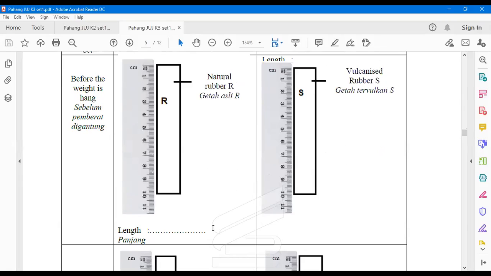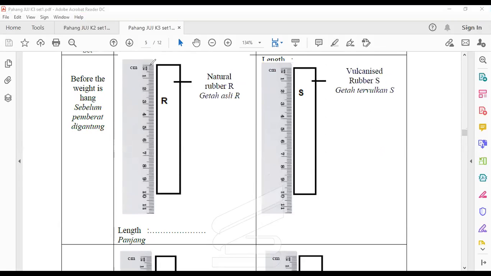Before you measure, before you record, I want you to take note about this. Sometimes the question does not start from 0. Now, this question is very good. They don't trap you. This is 0. So, straight away, you can take the initial length here. Sometimes it will start from 1. Then you have to minus. So, you please check your answer.